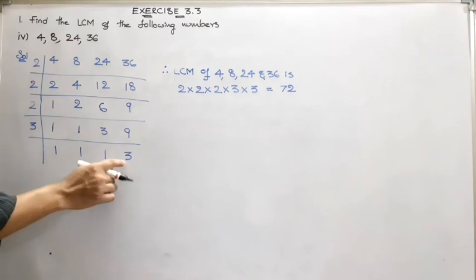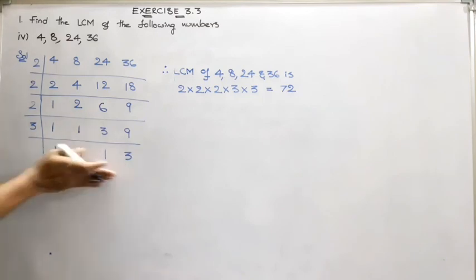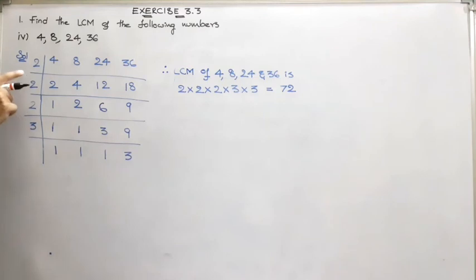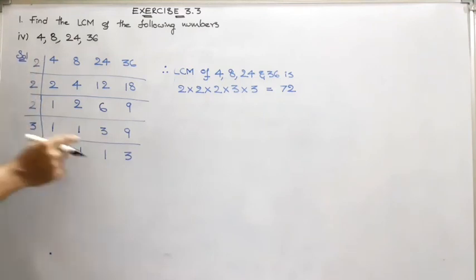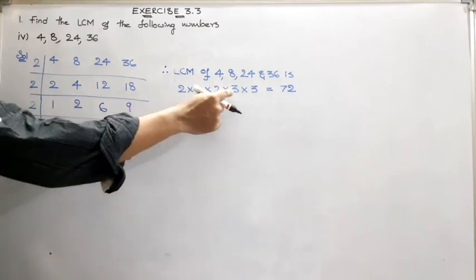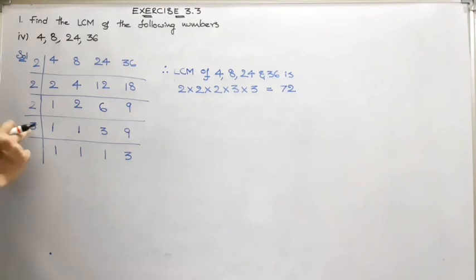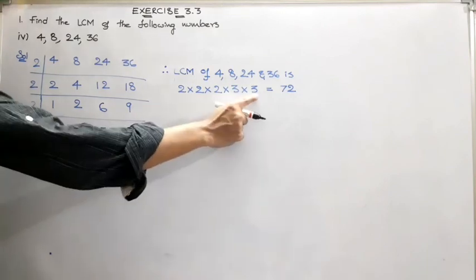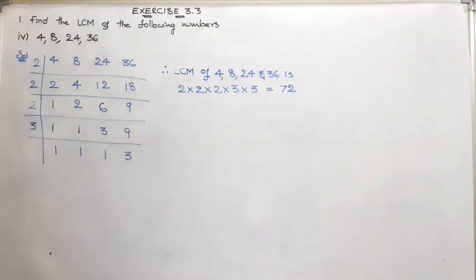Now, as we got one number, we have to stop the process here. To find the LCM, we have to multiply all the common factors along with the leftover number. So 2 into 2 into 2 into 3, these numbers and the leftover number 3. So the result is 72.